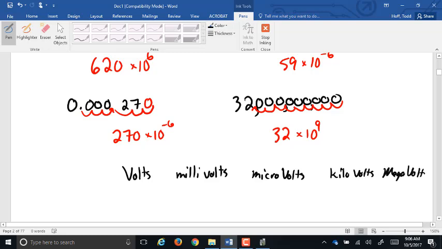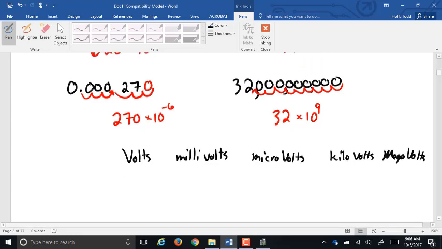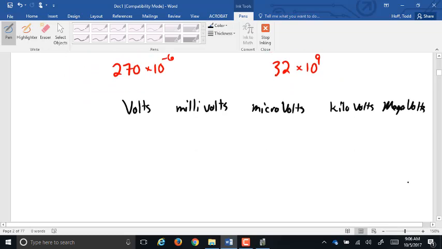All look familiar? And it might be mega ohms rather than megavolts. Megavolt is pretty large, but megawatts for power, kilowatts. Each of those is a power of 10.